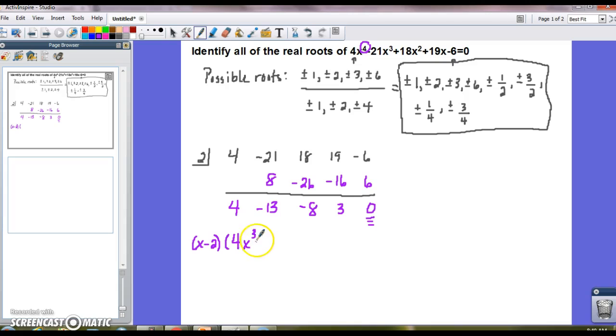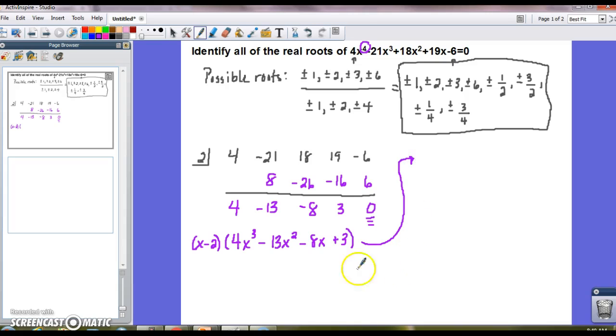So now I have to decrease that by 1. So 4x to the third minus 13x squared minus 8x plus 3. Now I'm going to take this new polynomial and figure out what I want to use here.